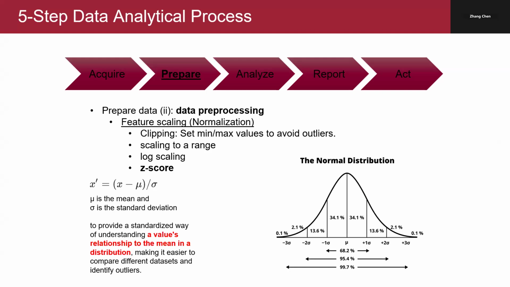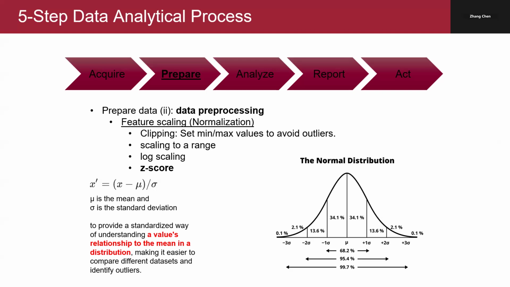For most data collected from the real world, if you do not know how the data is distributed, we assume it follows a normal distribution. After the transformation, the data is centered around zero, and most values fall within a small range.